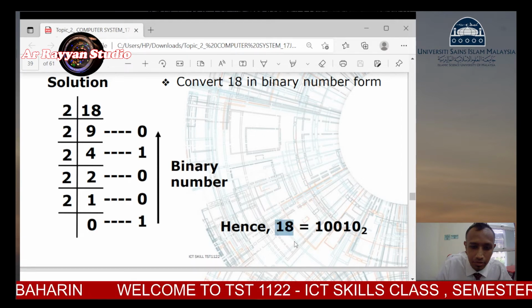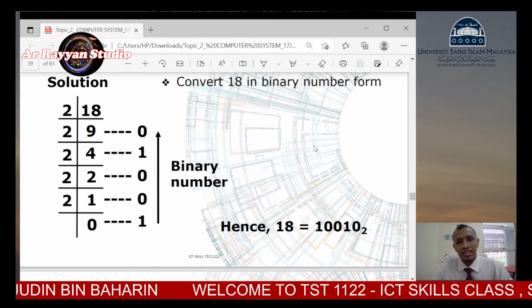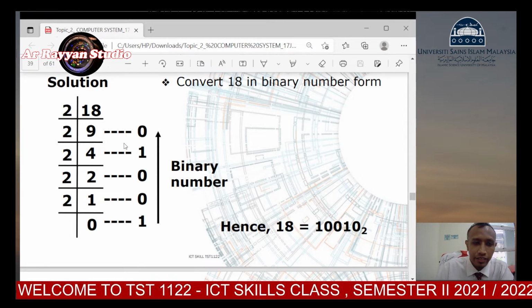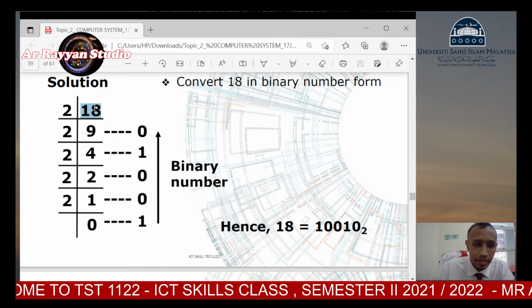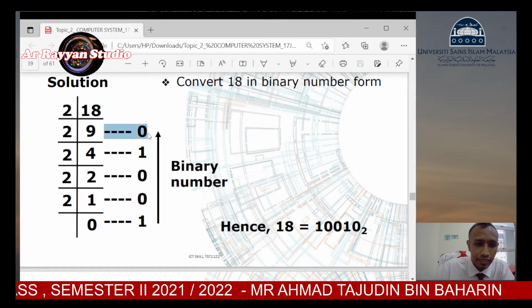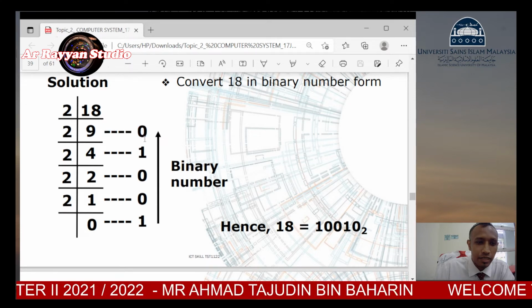So macam mana kita nak convert dia menjadi binary? Macam mana kita nak dapatkan binary dia? So kita buat 18, kita letak atas sekali. Alright, so 18 kita bagi dengan 2 jadi 9. So dia akan cari balance dia tak ada kan? So tak ada balance, so balance dia jadi kosong.